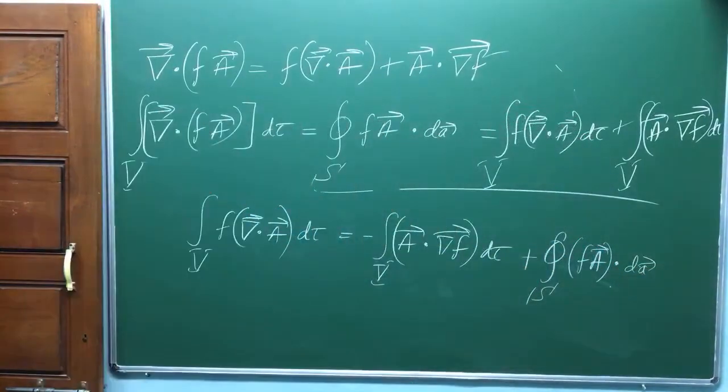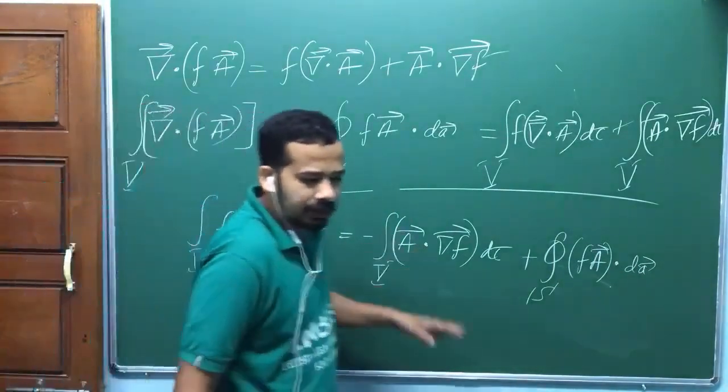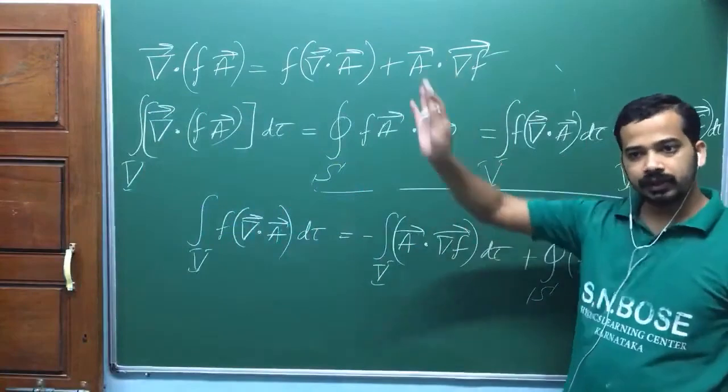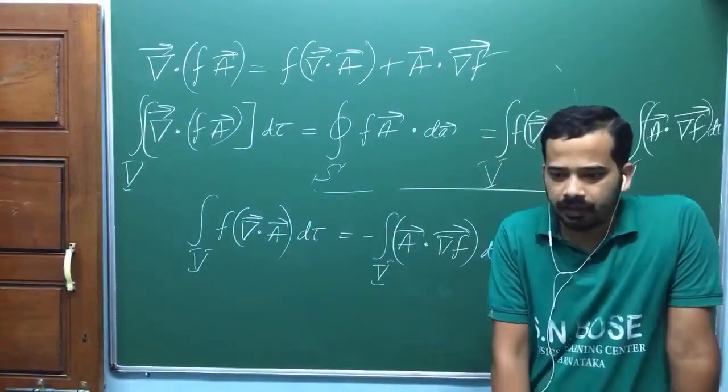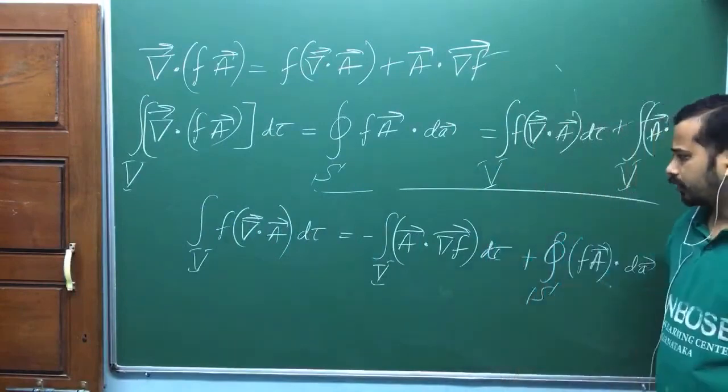This is what you may need to remember, but don't learn it by heart. Whenever we need it, we shall look back into this expression. I don't think it's required for the exam, but it's required for understanding some part of the theory.